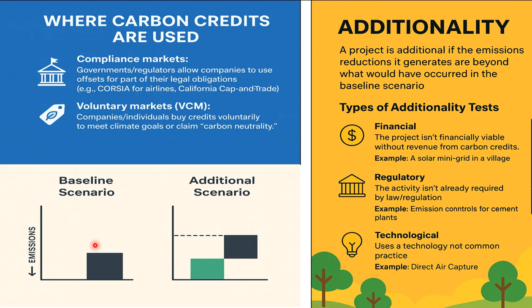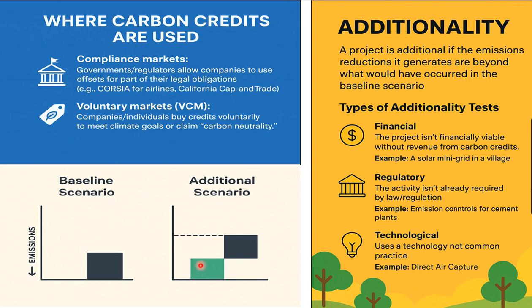This is a baseline scenario. If the carbon reduction project is not taking place, then this is the amount of emissions. Say this is X. Now, the additional scenario is that if the project is taking place, then apart from this, which is the same amount, this new reduction should be happening.